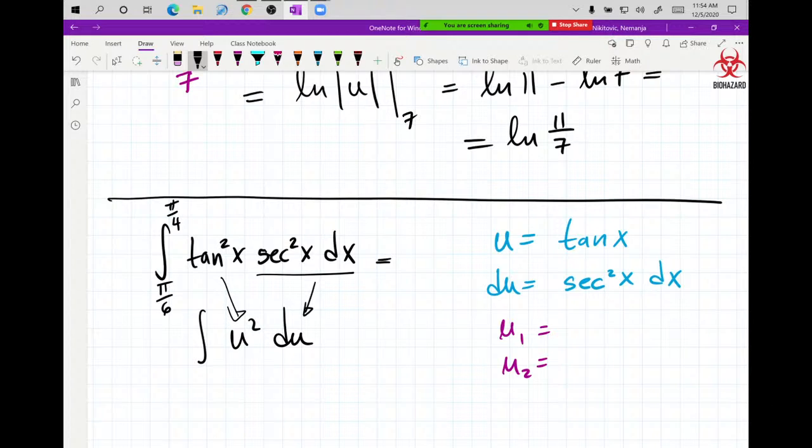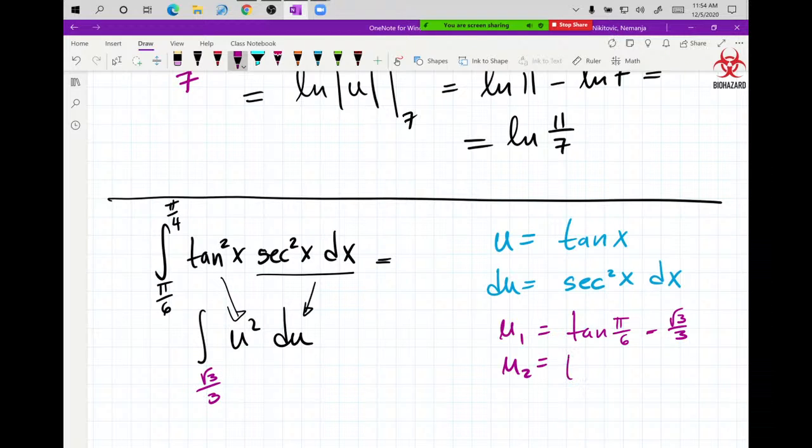And that takes care of the substitution part. Now we still need to deal with the limits. So how much is a tangent of pi over 6 for the lower limit? The lower limit is going to be tangent of pi over 6, which is root 3 over 3.